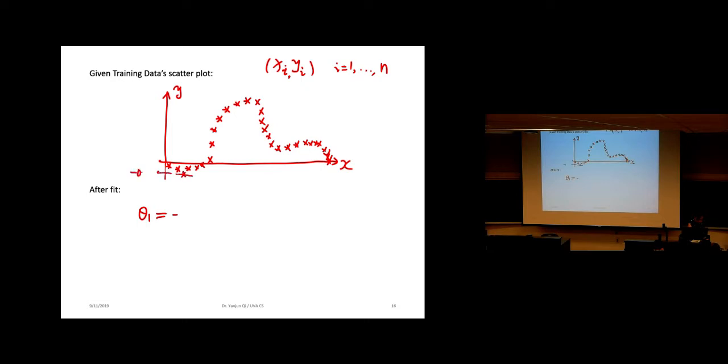Assuming this is minus 0.5, and this is 5, and this number is maybe 2. It's not very proportional, but you get the idea. So it's highly likely what I'm going to learn is a combination like this.